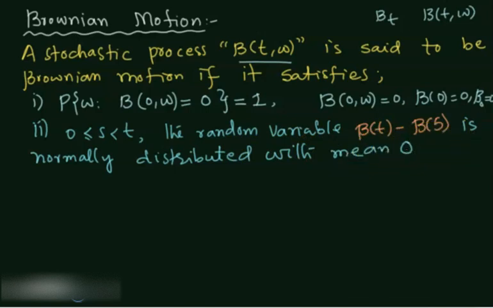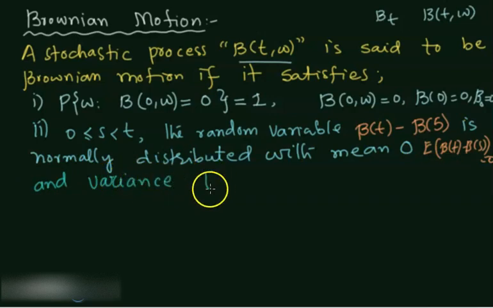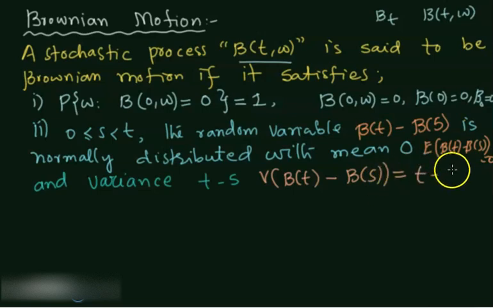In other words, we can say that the expectation of beta of t minus beta of s is 0. So with mean 0 and variance t minus s, or you can say that the variance of this random variable beta of t minus beta of s is equal to t minus s.